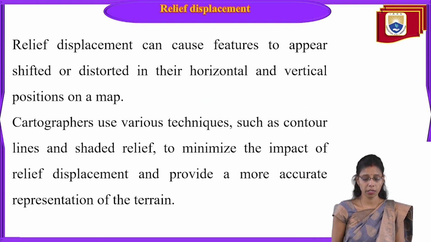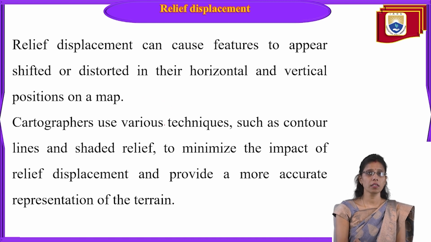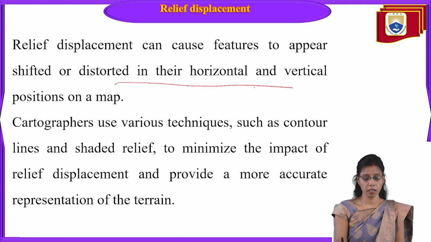Next, relief displacement can cause features to appear shifted or distorted in their horizontal and vertical positions on a map. So cartographers use various techniques such as contour lines and shaded relief to minimize the impact of relief displacement and provide a more accurate representation of the terrain.